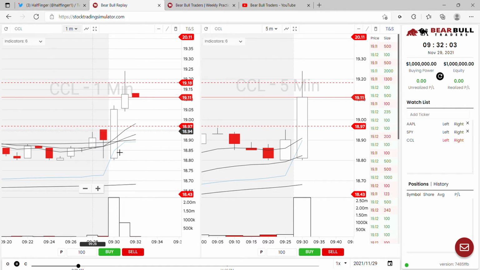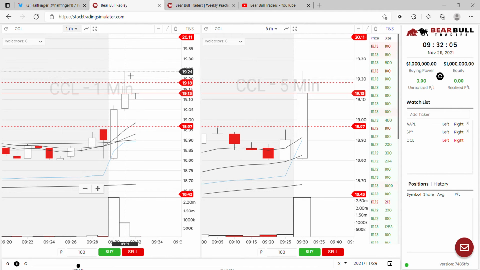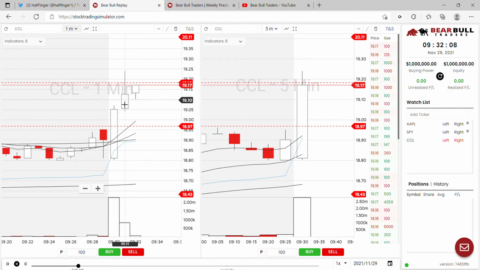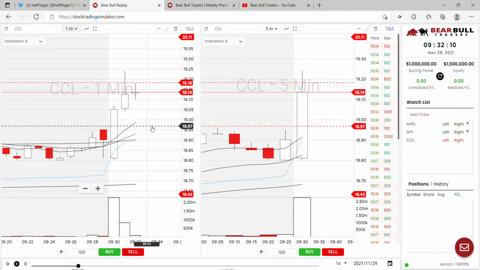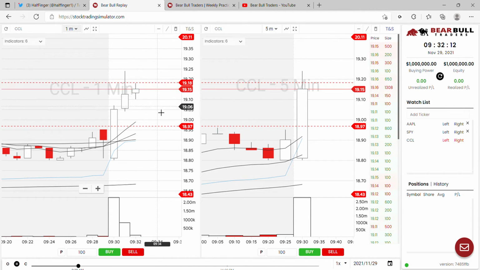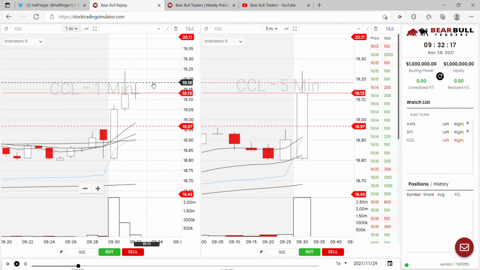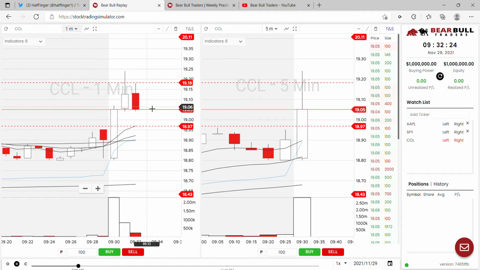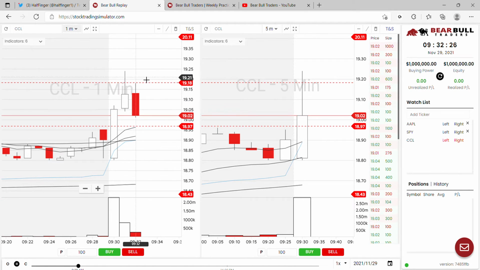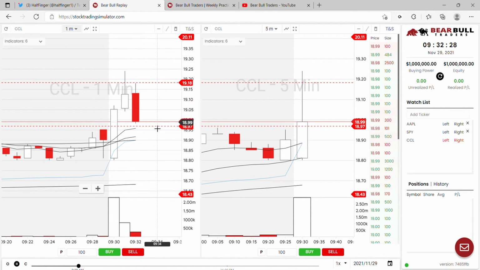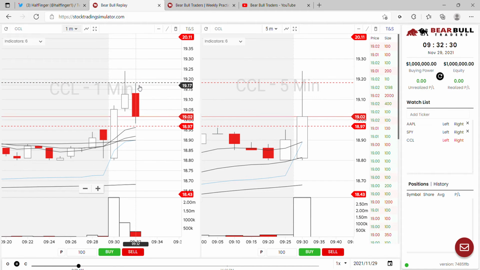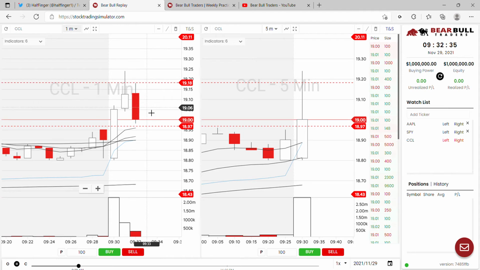It made kind of a doji, showing a bit of weakness, so let's see what happens here, if it can break this level or not. I'm not going to do anything yet because it was far away, and you can see that it rejected this level pretty strongly now.